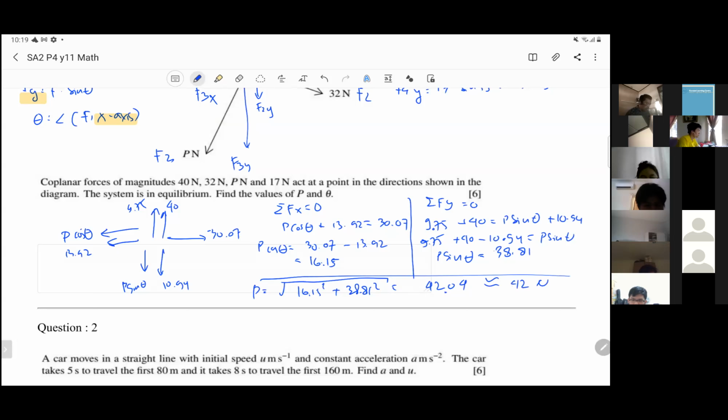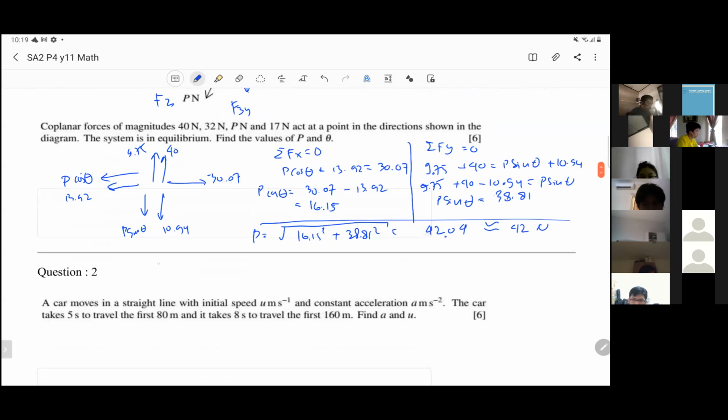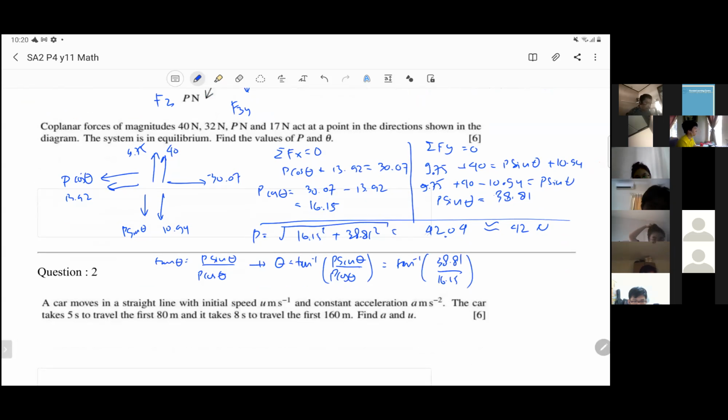Good. Next, we know that tan theta is going to be P sin theta over P cos theta. Or we can turn it into theta is tan inverse of P sin theta over P cos theta. In numbers, that's going to be tan inverse of 38.81 over 16.15.